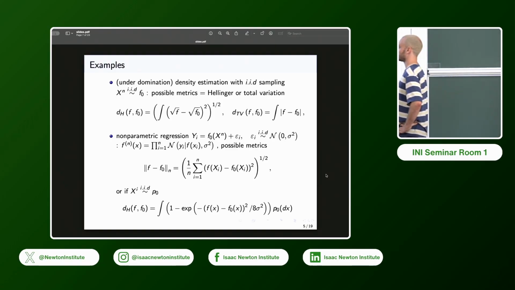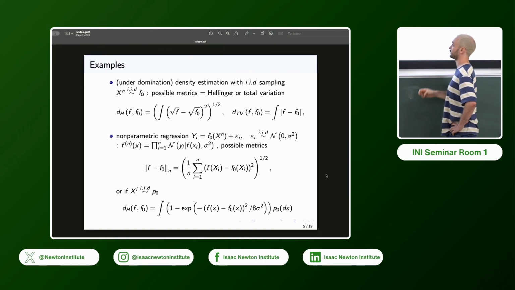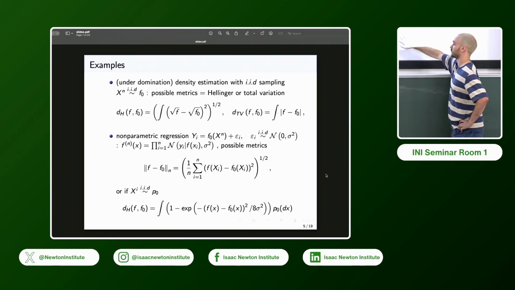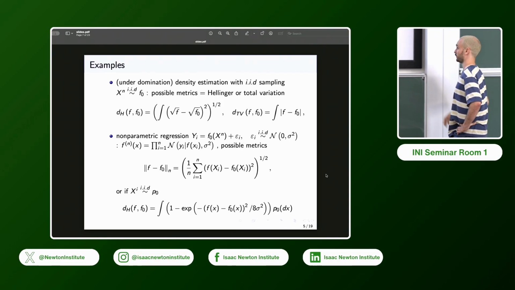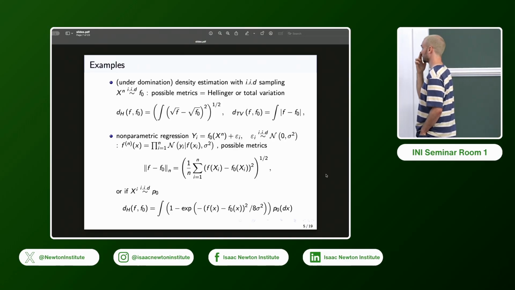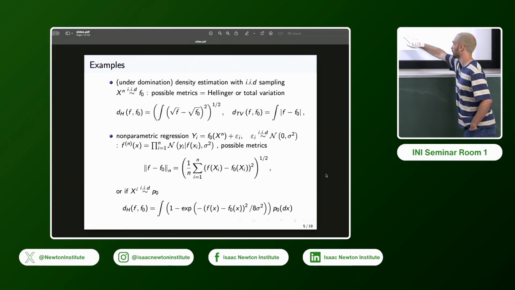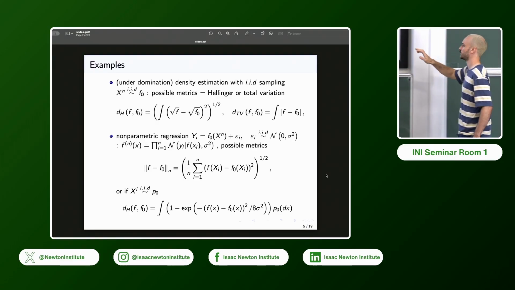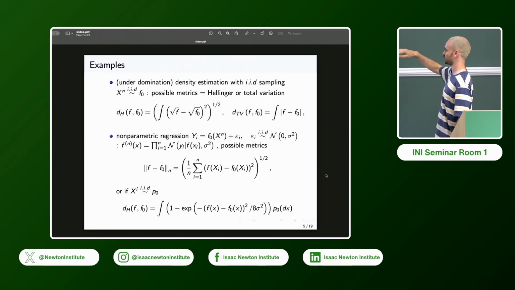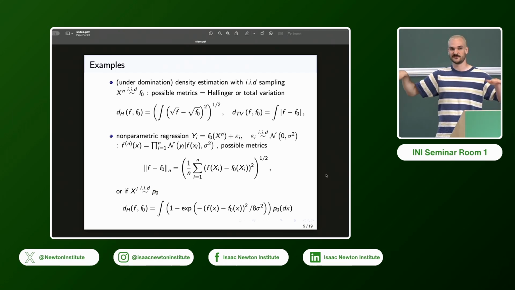And if you look at the Hellinger distance between the data generating distribution defined by f and f_0, you just end up with this kind of discrepancy. So this one here almost looks like the L2 distance between f and f_0, measured according to the distribution P_0, only that it is capped for the high values.